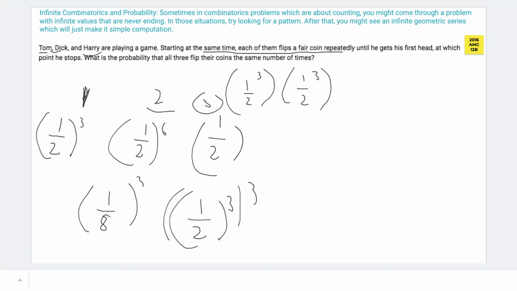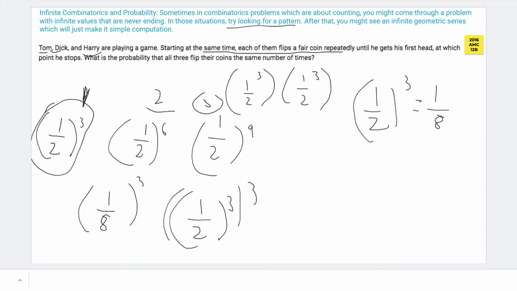And remember what I said, if you look for a pattern and it keeps on happening, it's most likely going to happen the whole time. So we see that the whole time this is just being multiplied by 1 over 2 to the power of 3, which equals 1 over 8. That means the first term is 1/2 to the power of 3, which is 1 over 8, and you divide this by 1 minus the ratio, which I just calculated, 1 over 8.